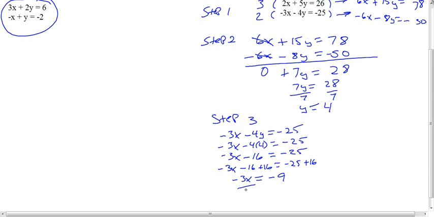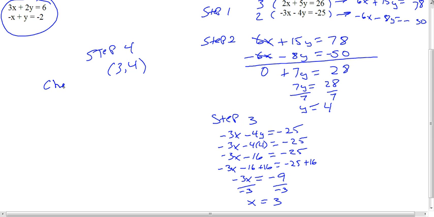And I'm going to divide by negative 3. And here x is going to equal a positive 3. Okay, so step 4, and if you don't mind, I'm going to write step 4 over here. Step 4 says to write my ordered pair, and that will be (3, 4), and now I need to check.